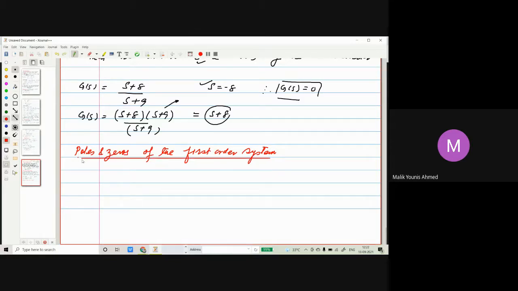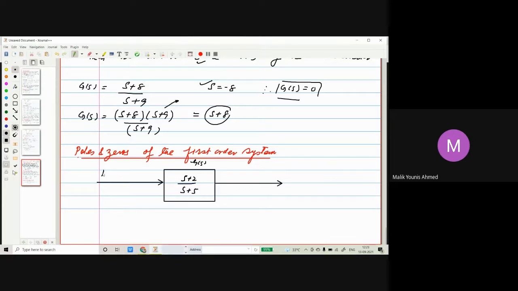Okay. Now let me draw a simple transfer function. Let's say this is G of s, and the value of G of s is s plus 2 divided by s plus 5.